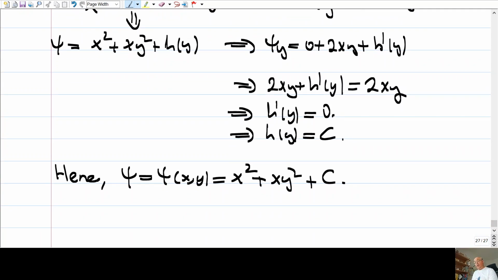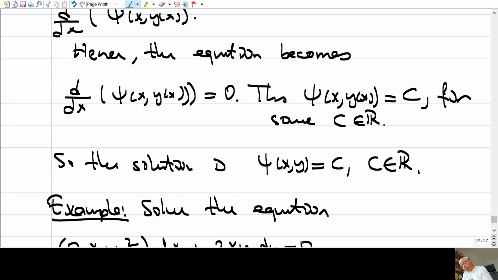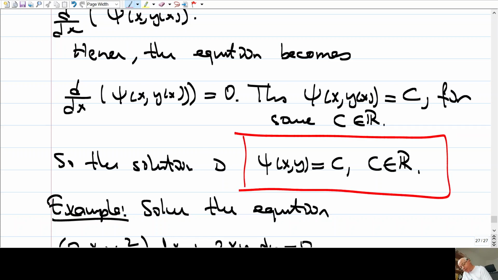So I really found a function psi xy so that its x derivative is M and y derivative is N. Hence, the equation is exact. Well, if the equation is exact, then we know that the solution of the equation is given like this, right?